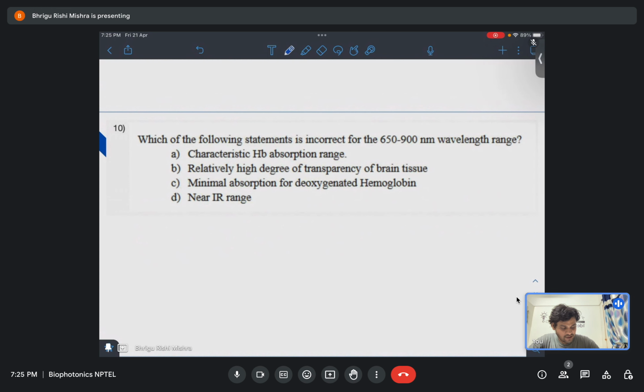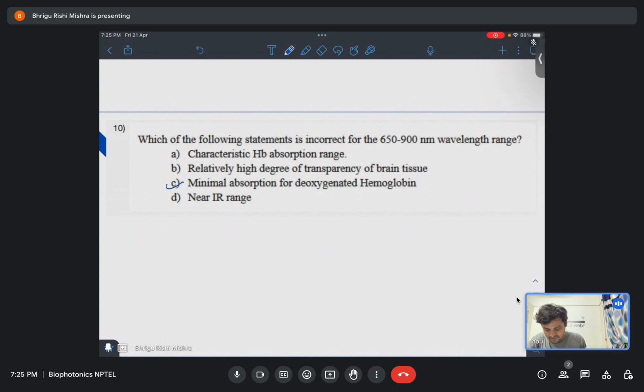Minimal absorption for deoxygenated hemoglobin is the wrong one. Near IR range is true, since 650 to 900 is a near IR range. So the correct option is C, which is the wrong statement. It has a high absorption for deoxygenated hemoglobin in this range.